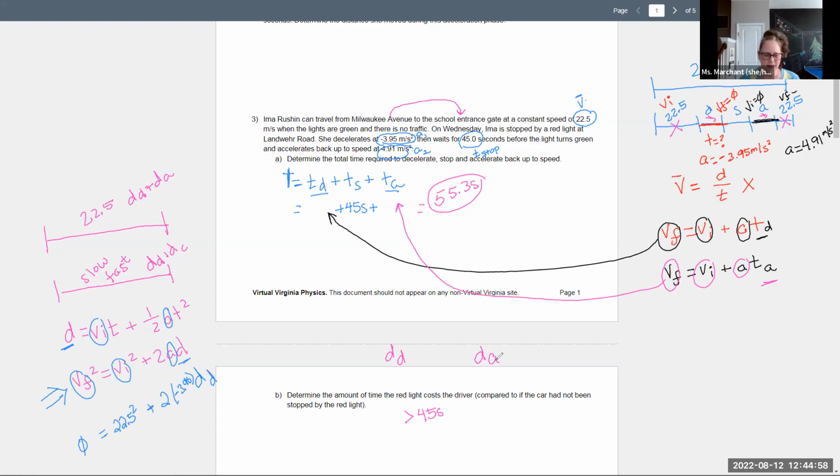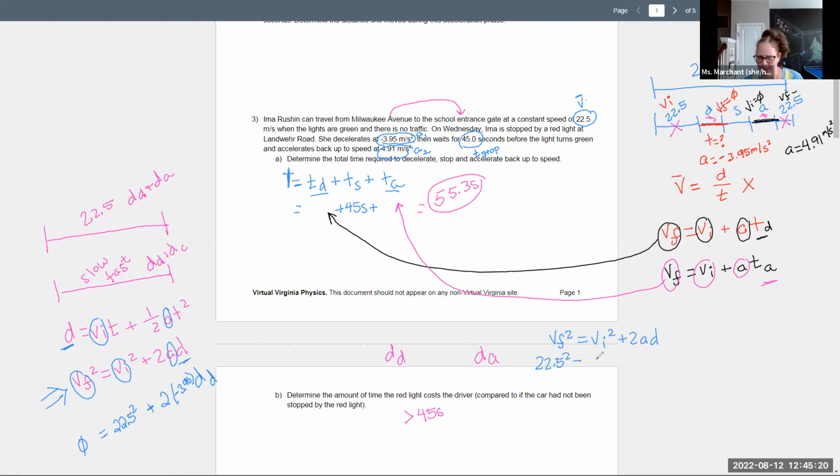What about my distance of accelerating? That's on that second side. Okay. Velocity final squared equals velocity initial squared plus 2AD. In this case, my velocity final is going to be 22.5 squared.